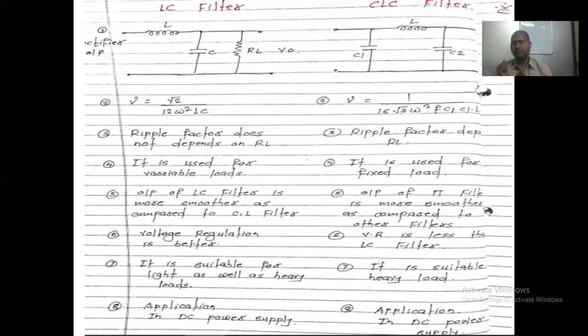See, in DC power supply it should be used, but both are used in DC power supply. The changed thing with respect to the CLC type of filter is that there should be a large requirement of power. In that power supply, the CLC type of filter makes the difference.